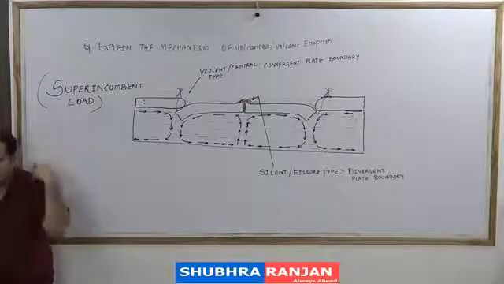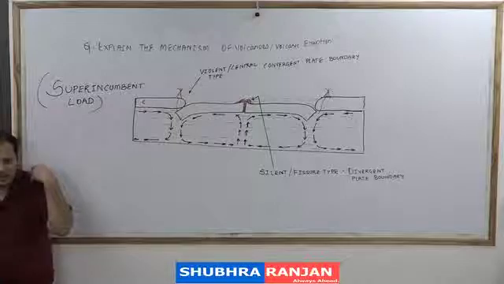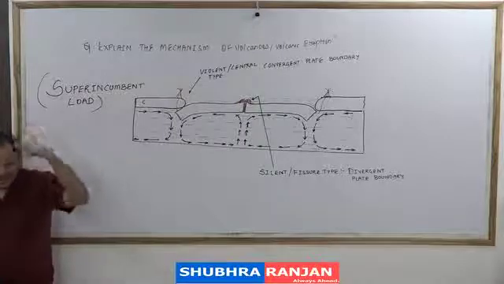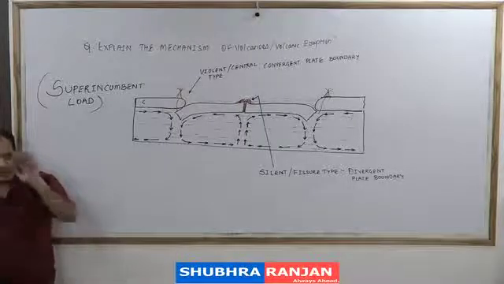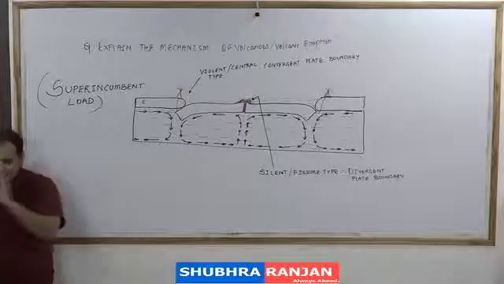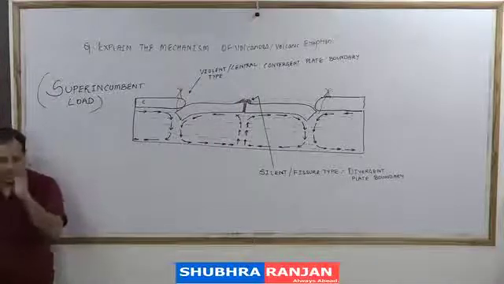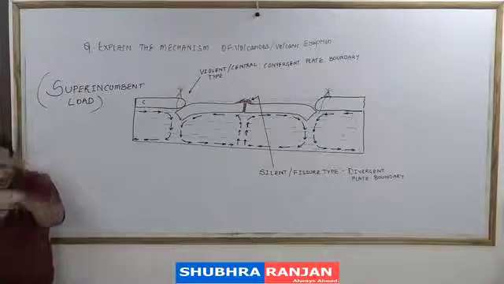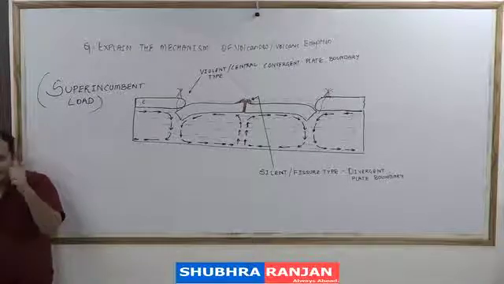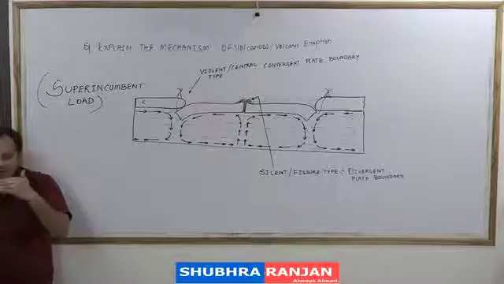So we are right now having a superincumbent load on our body, that is the atmospheric pressure, and our body is also putting that much load outside, and therefore our body is maintaining its shape. If you go suddenly deep inside, the pressure from above increases, and the body cannot adjust to such a rapidly changing environment.